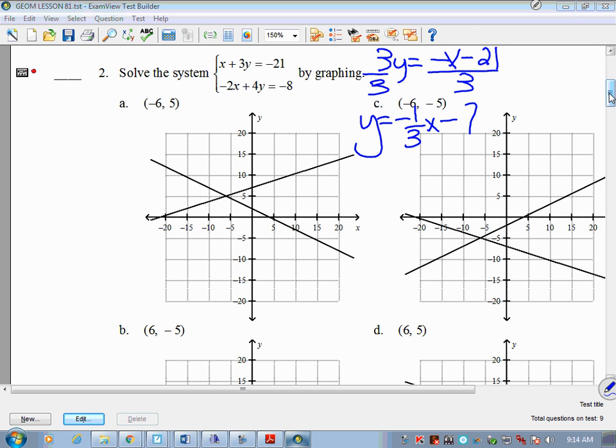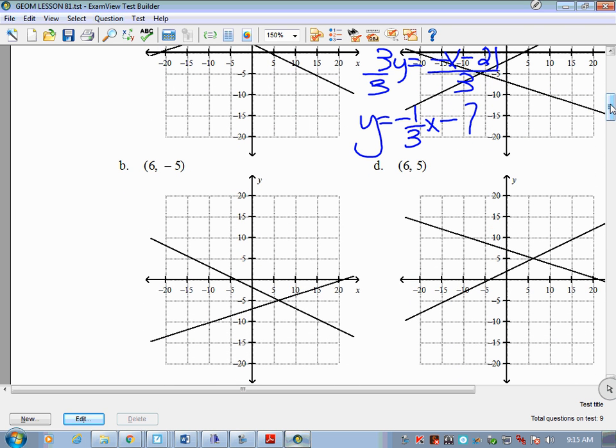What's the y-intercept there? Negative 7, right? So it should be below negative 5 and above negative 10. And it's got a negative slope, right? So it should be going down. So we can see that A isn't going to work, right? That doesn't even match my first line. Looks like C might match my first line. Let's see what these others look like.